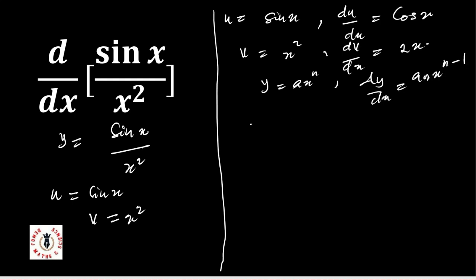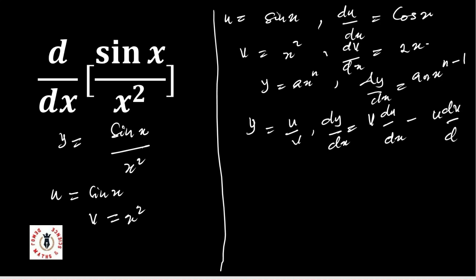Let's apply the quotient rule here. The quotient rule says that if y is equal to u over v, dy dx is equal to v du dx minus u dv dx over v squared. My dy dx will be the same thing as v. My v is x squared.